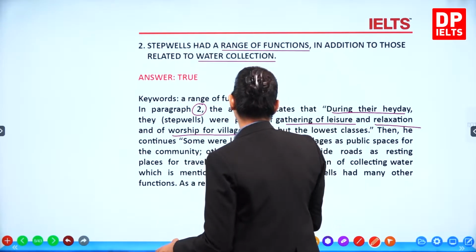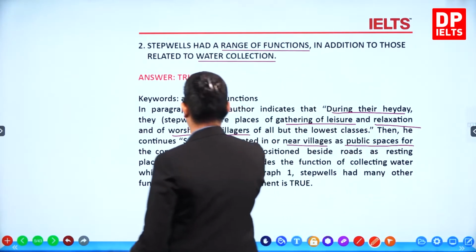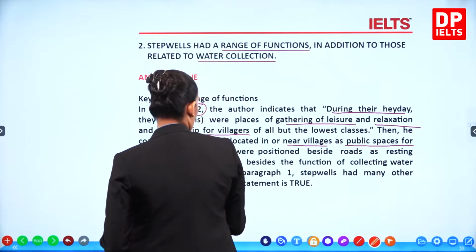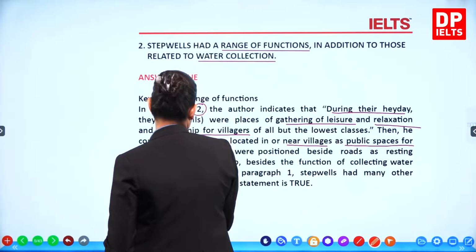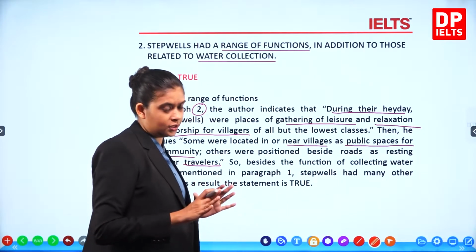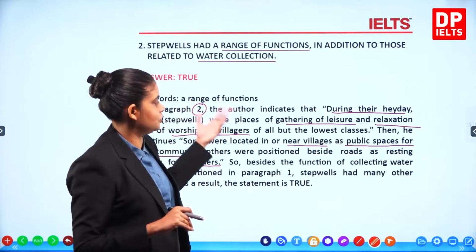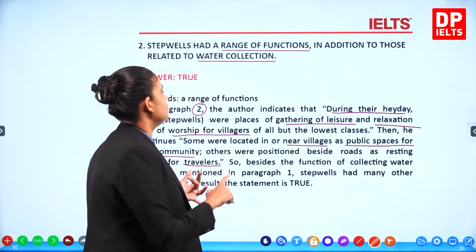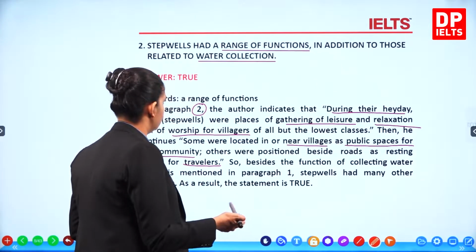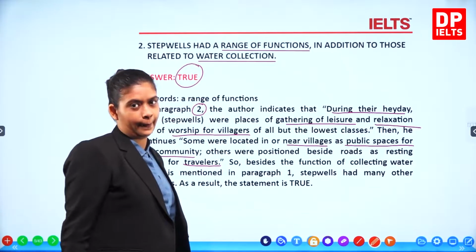Then he continues, some were located near the villages as public spaces for the community. Others were positioned beside roads as resting places for travelers. So beside the collection of water, these were used for different functions as mentioned. Therefore, the answer is true.